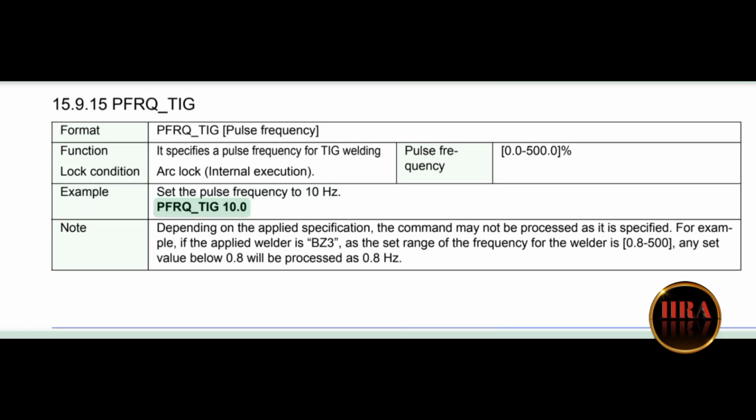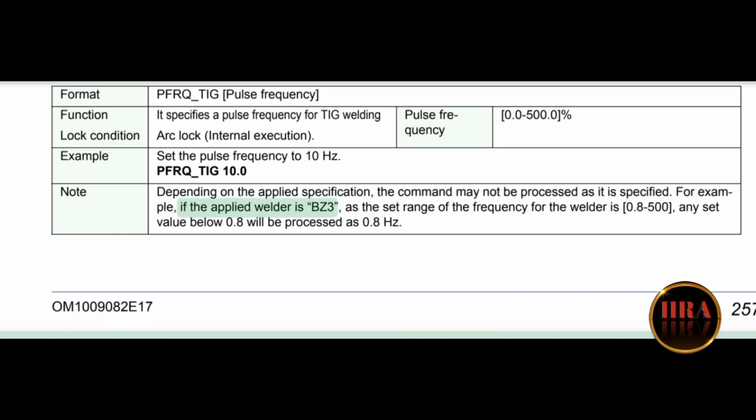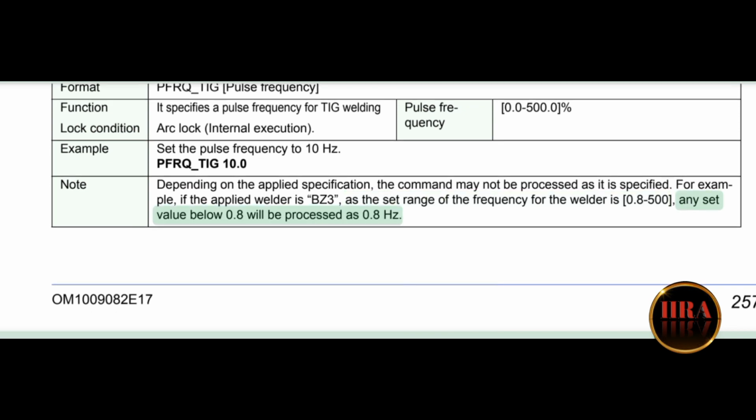PFRQ_TIG 10.0. Note: depending on the applied specification, the command may not be processed as it is specified. For example, if the applied welder is VZ3, as the set range of the frequency for the welder is 0.8 to 500, any set value below 0.8 will be processed as 0.8 Hz.